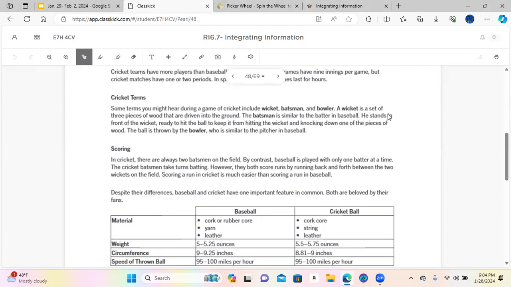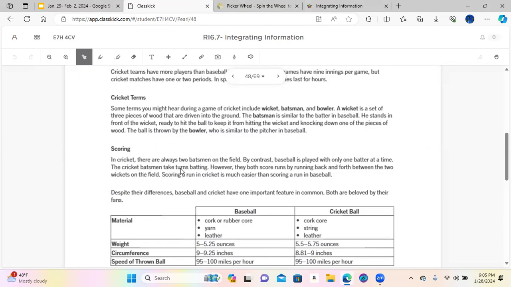A wicket is a set of 3 pieces of wood that are driven into the ground. The batsman is similar to the batter in baseball. He stands in front of the wicket ready to hit the ball to keep it from hitting the wicket and knocking down one of the pieces of wood. The ball is thrown by the bowler, who is similar to the pitcher in baseball.